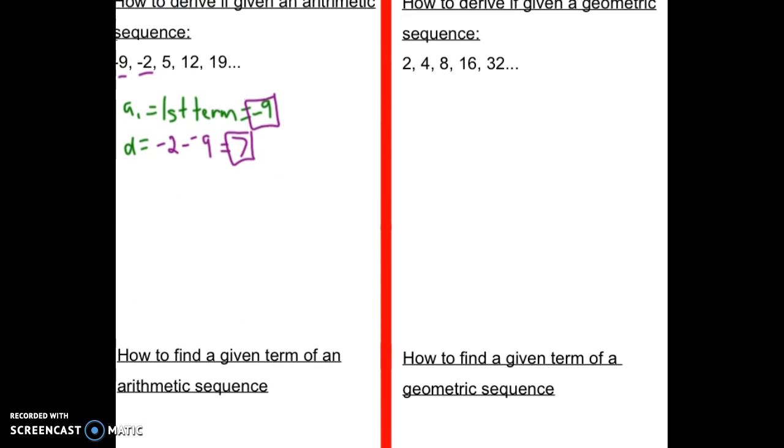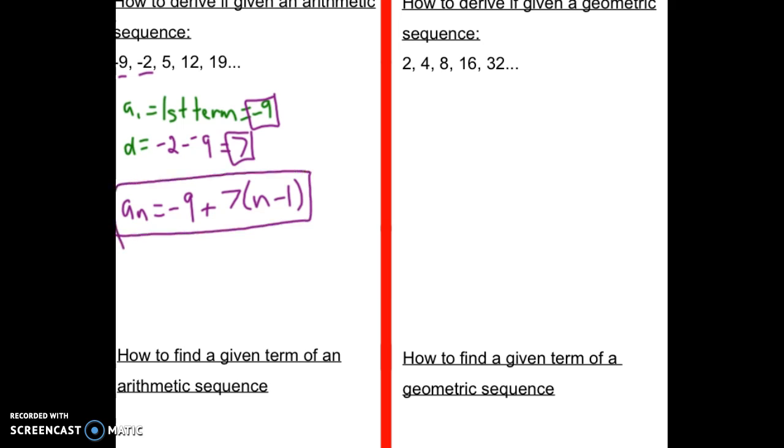So I get a sub n equals my a sub 1, which is -9, plus, we're adding. If this 7 was negative, then it would be subtracting, but plus 7 times n minus 1. This is the explicit formula for this given sequence.